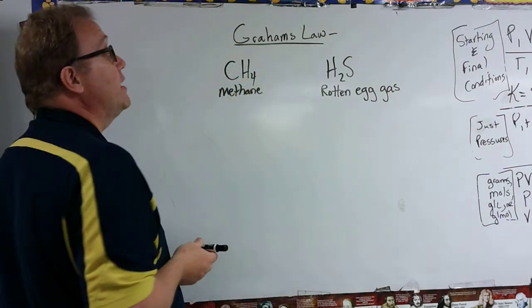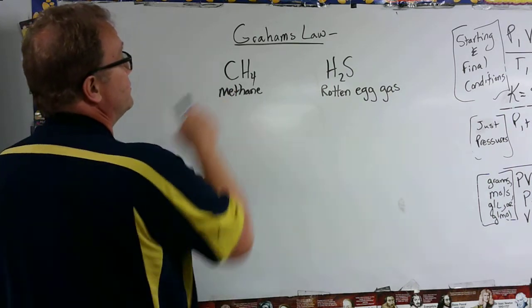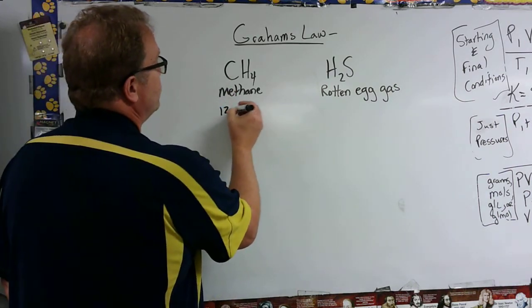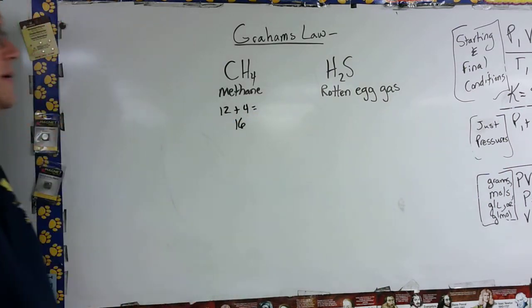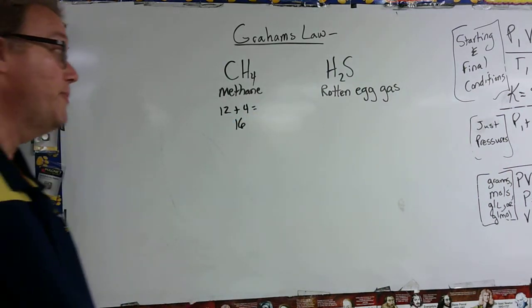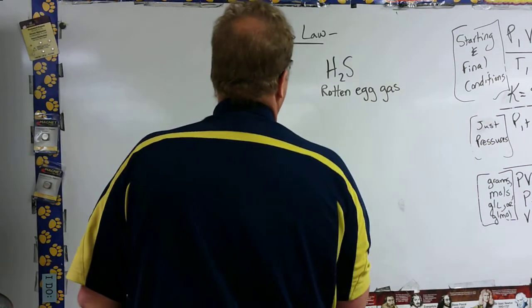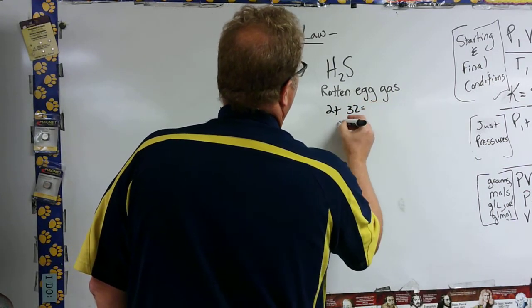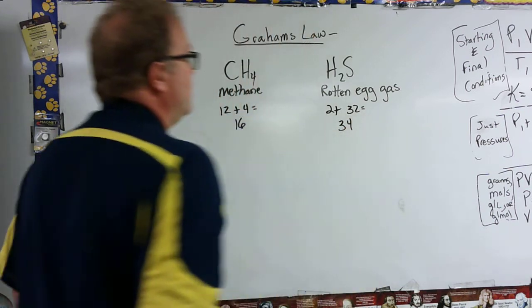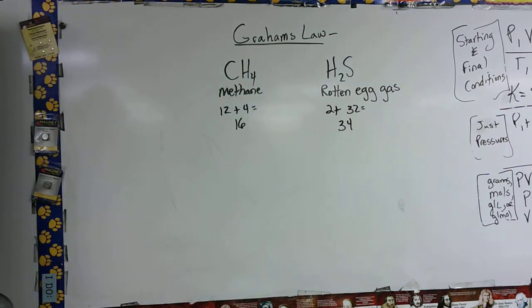We can compare the gases here again. If I do a mass of this, it's going to be 12 plus 4, which equals 16. Again, we're doing a molar mass. And then in this case, I have 2 plus 32, which is 34, just doing a mass of that.